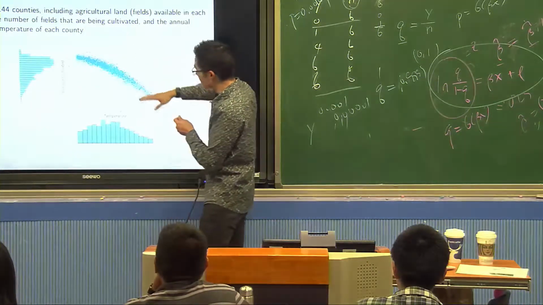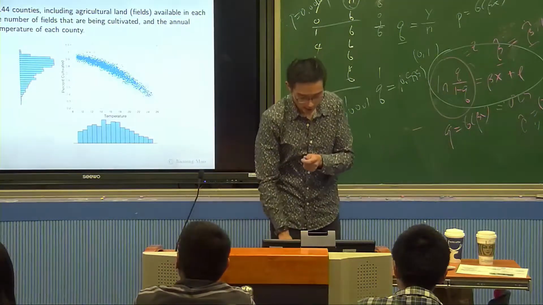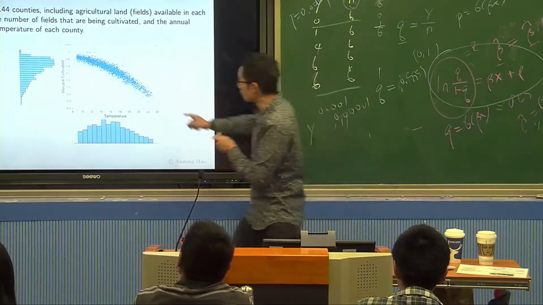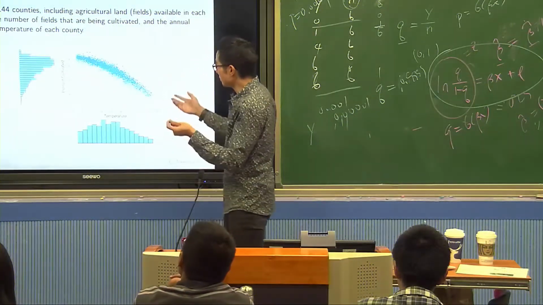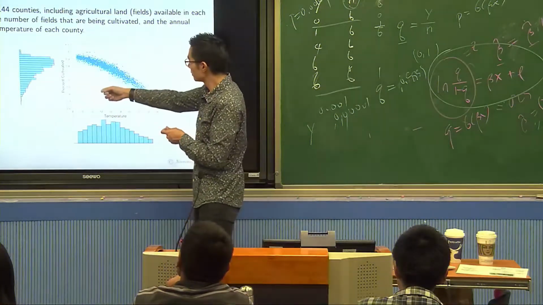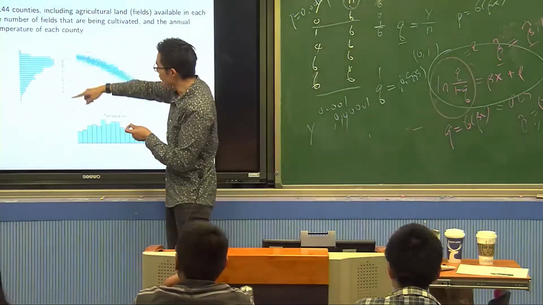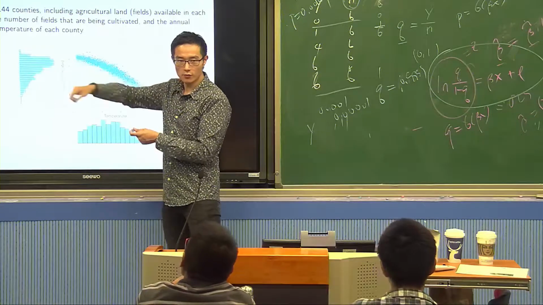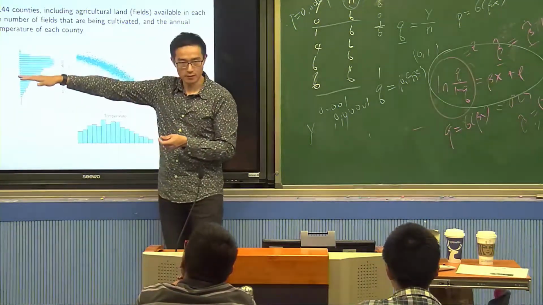When temperature is higher and higher, we have lower and lower percentage of fields that are being cultivated in a county. So we want to model this relationship. Now, you can do a linear regression, or maybe a polynomial regression. But like I said, the percentage is always between 0 and 1. So if you do a linear regression, you always have the risk of going beyond the boundary.